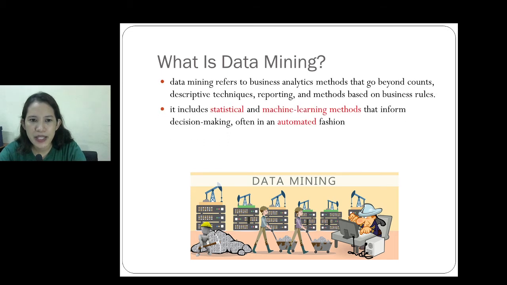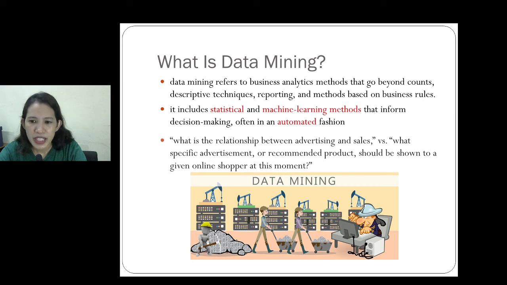Data mining specifically includes statistical and machine learning methods that inform decision making, often in an automated fashion. Prediction is typically an important component, often at the individual level.